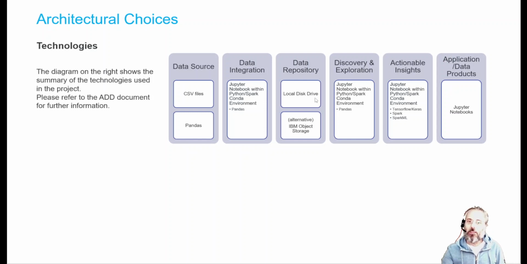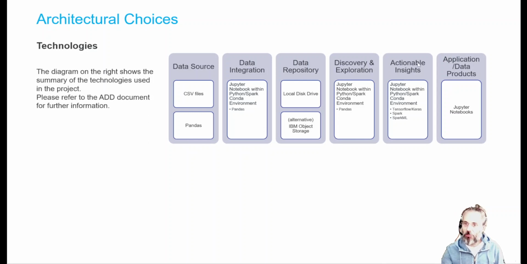For the data repository, we used the local disk drive, but as an alternative, IBM Object Storage would also be a very good solution. For discovery and exploration, we also continued to use pandas because it was good enough, also for feature engineering.